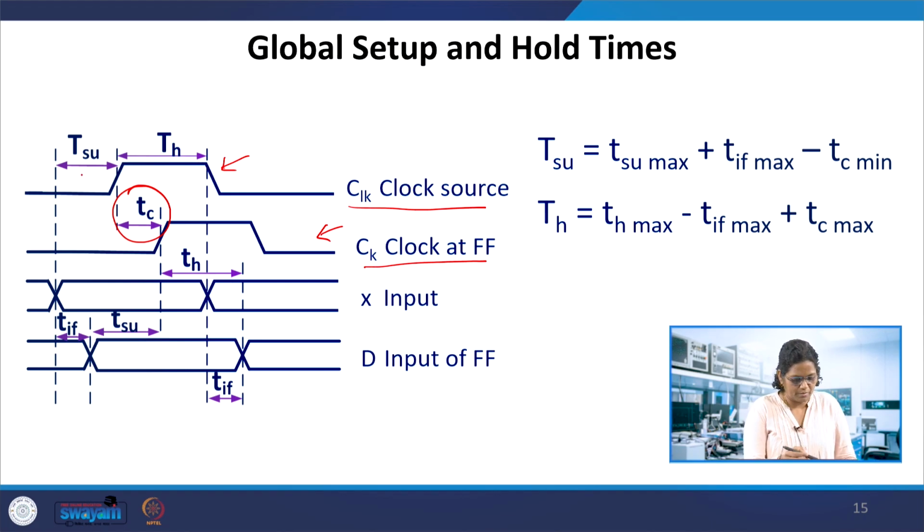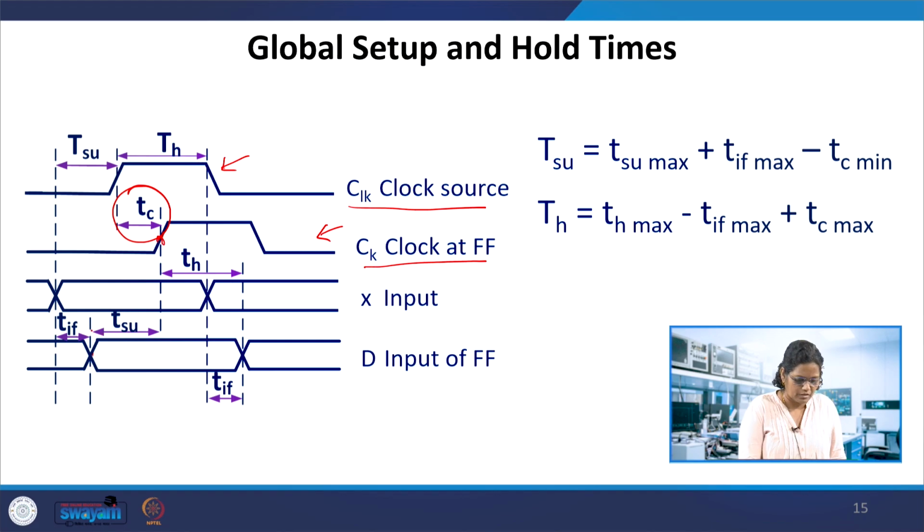So the global setup time and the global hold time are valid with respect to the source clock, whereas this setup time and hold time are for the flip flop, as usual, as we have seen in the previous diagrams also. So we see this clock and the data, this is X, the input to the circuit, and this is D, the input to the flip flop. The D input to the flip flop has to satisfy the setup time and hold time with respect to this clock.